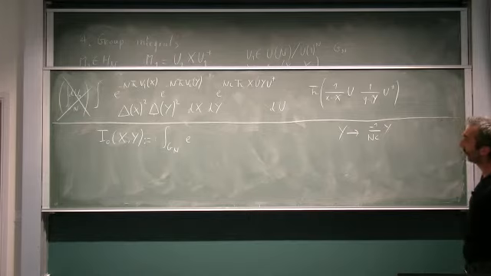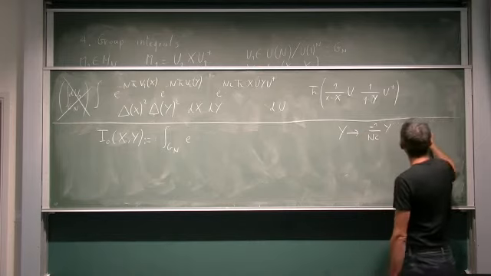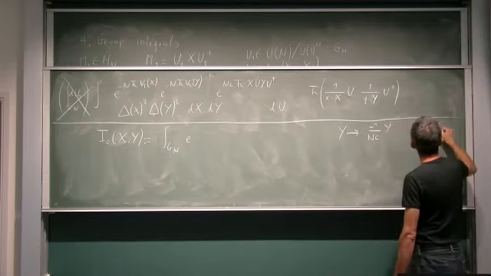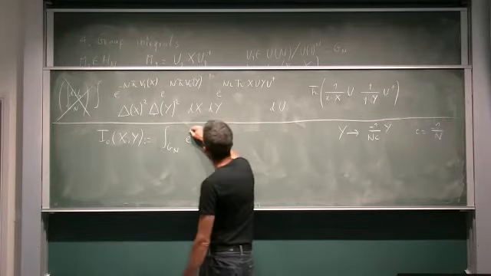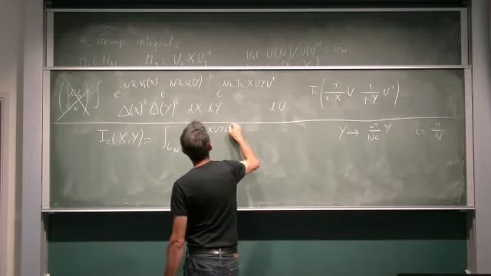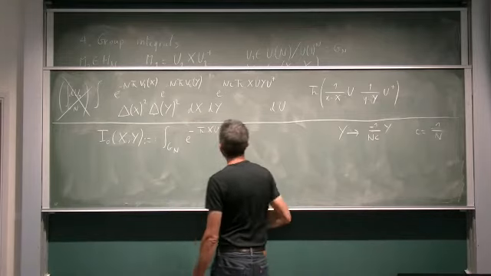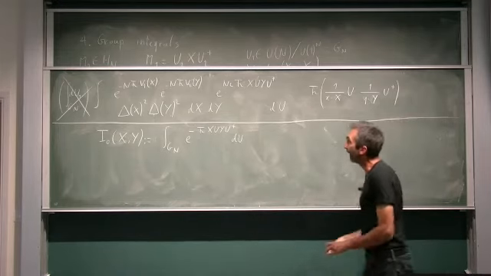Let me just make a change of variables. It will be easy to recover at the end, but let me make the choice c equals minus 1 over n. This is equivalent. Let me make that choice, but basically, let me consider this one, which has the coefficient 1 here: exponential of trace of x U y U dagger, dU. So this is called the Harish-Chandra–Itzykson–Zuber integral.